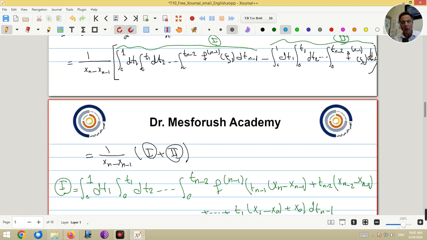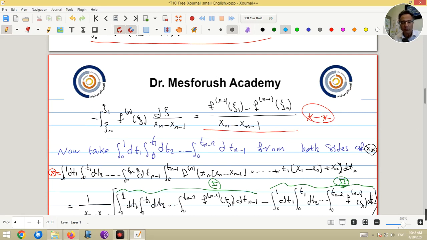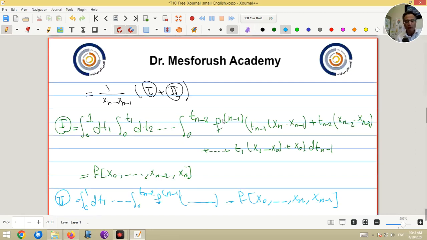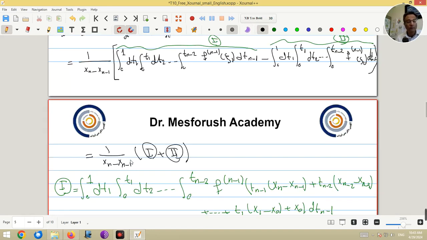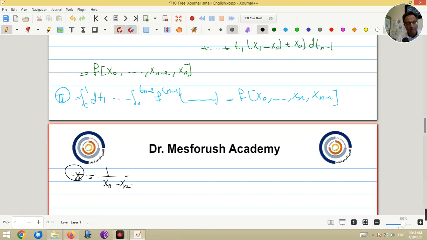Now, if you put these two items here instead of 1 and 2, you get star equal to 1 over xn minus xn minus 1 times f of x0 to xn minus 2 and xn minus f of x0 to xn minus 2 and xn minus 1.